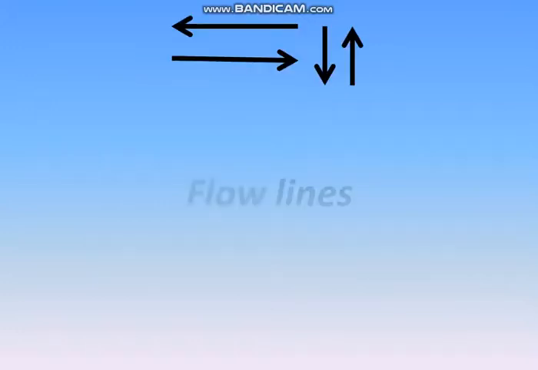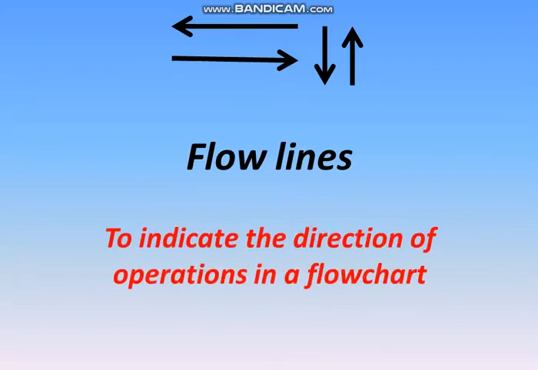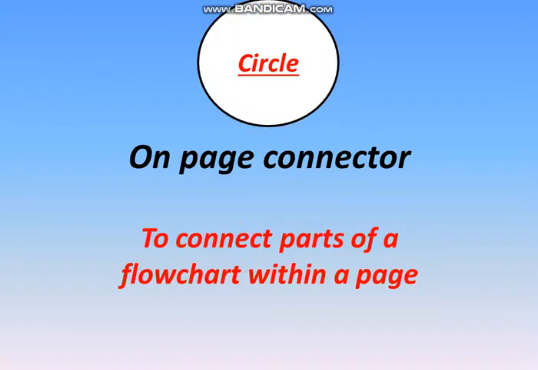After decision box there are flow lines, and these flow lines are also known as arrow lines. These flow lines are used to connect one box to another box. इससे हम लोग एक बॉक्स से दूसरे बॉक्स को क्या कर सकते हैं? कनेक्ट कर सकते हैं, जोड़ सकते हैं. After flow lines there is a circle, on page connector.